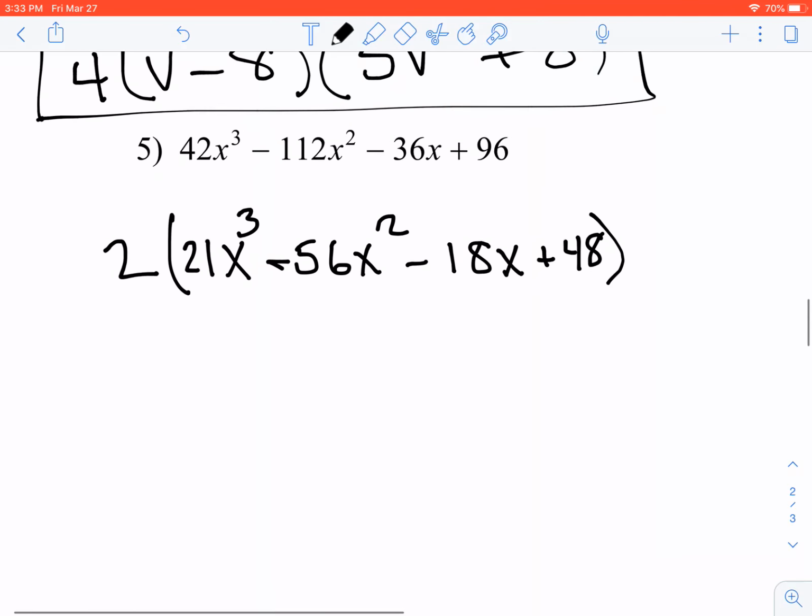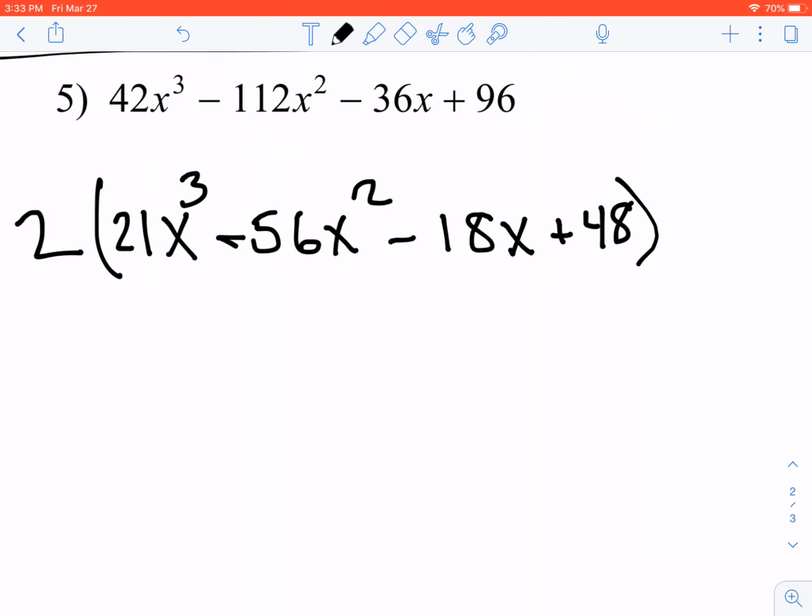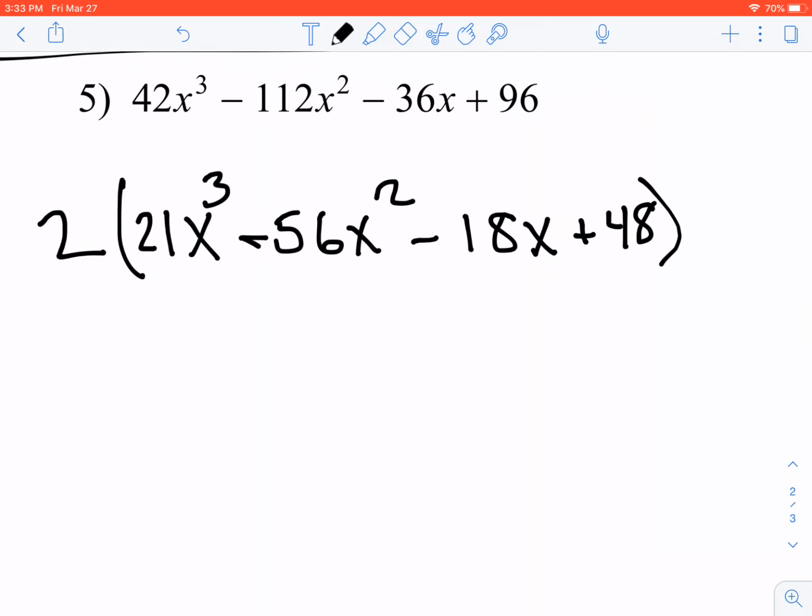So let's try one more, okay, and see how we do on this one. If you want to pause it and try it on your own. Now I determined that 2 is my greatest common factor, so I looked at the 36. I went through all my factors, and I realized that the 2 was the only number that went into 42, 112, and 96.